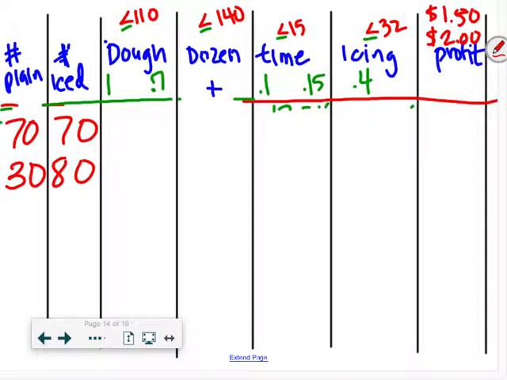It would be 15 hours or less, and I would use 32 pounds or less of icing. How many of you could test 70 and 70? Your number sense skills would be able to help you do this. And so right now, that's what we're going to do. To test each one of these constraints, you would do something a little different. So let's try 70 and 70.